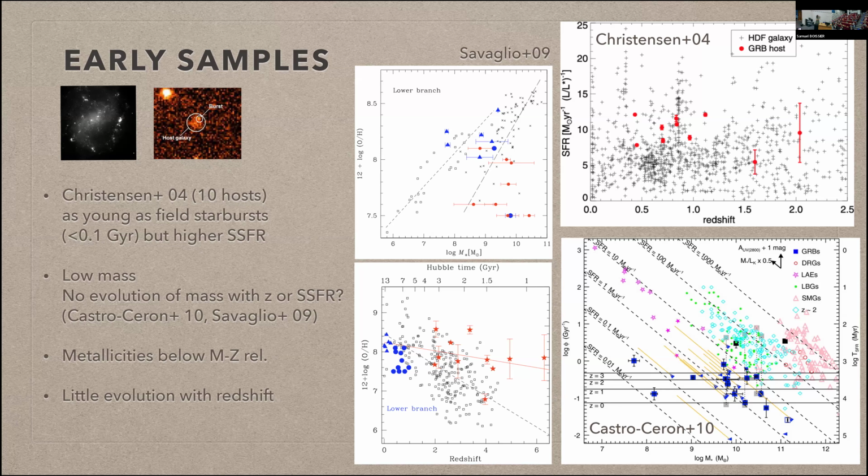One of the first samples, Christensen et al. 2004, saw that they have on average high star formation rates, rather high specific star formation rates. That's a paper based on stellar masses from K-band, from Spitzer. And probably they had a constant kind of specific star formation rate only because we are missing higher mass gamma ray burst hosts.